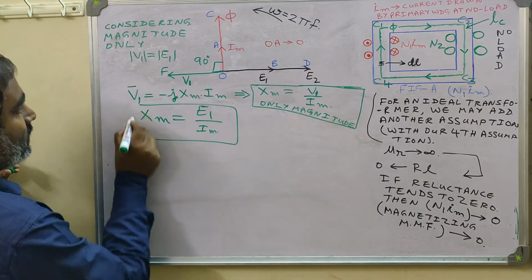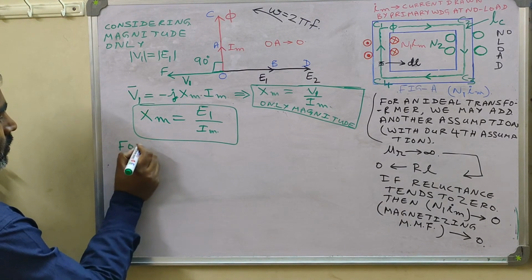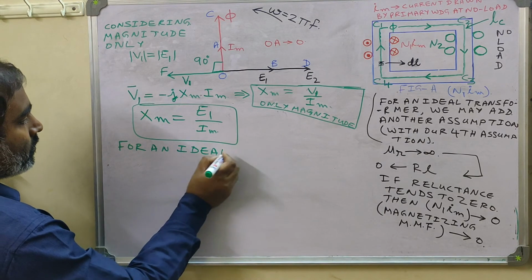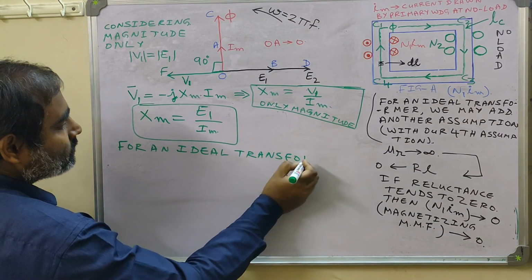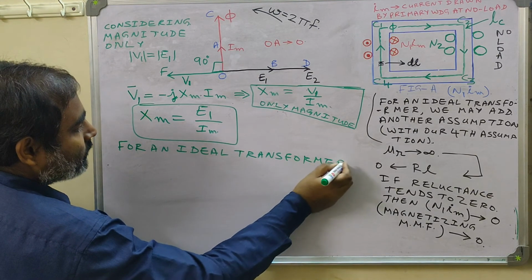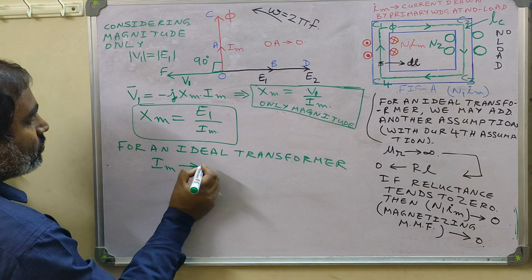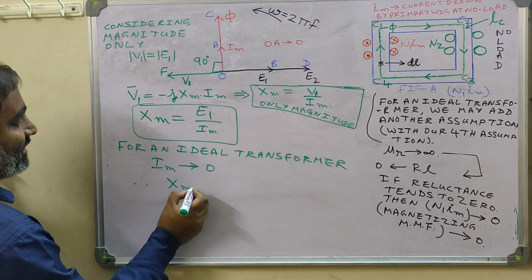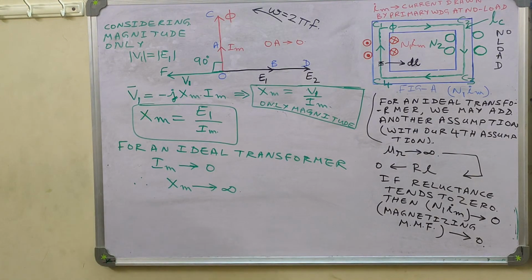This is one way of saying this. Now what I am saying is, for an ideal transformer, magnetizing current Im tends to 0. Therefore, magnetizing reactance Xm tends to infinity.